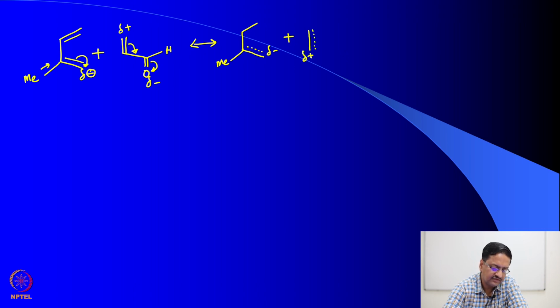So, delta positive is here, that double bond is forming. This is the oxygen which is delta negative and hydrogen. So, as a result, this would give you the product as the 1,4 product.